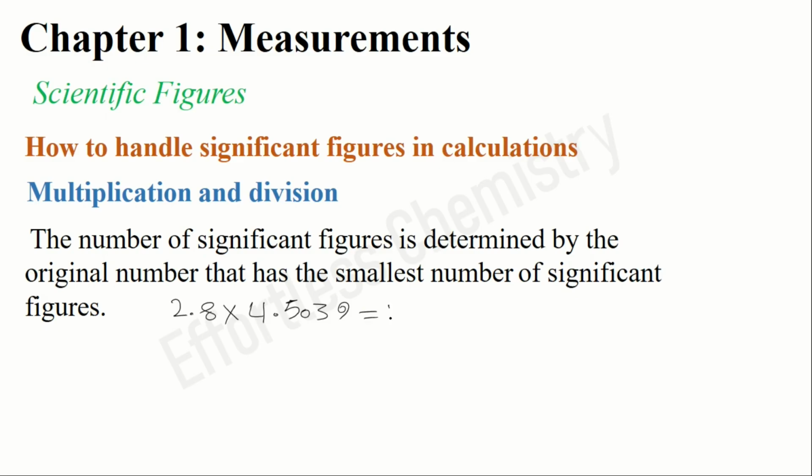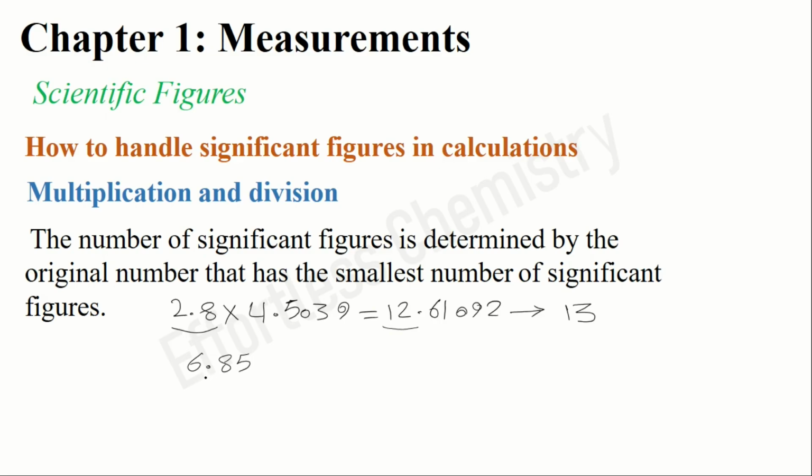The answer is 12.61092, which needs to be rounded off to 13, because the smallest number of significant figures in this equation is 2. So our answer should have 2 significant figures, and if we want to round off, we look at the 6, which is greater than 5, so we add 1 to 12, and we write 13 as the final answer.